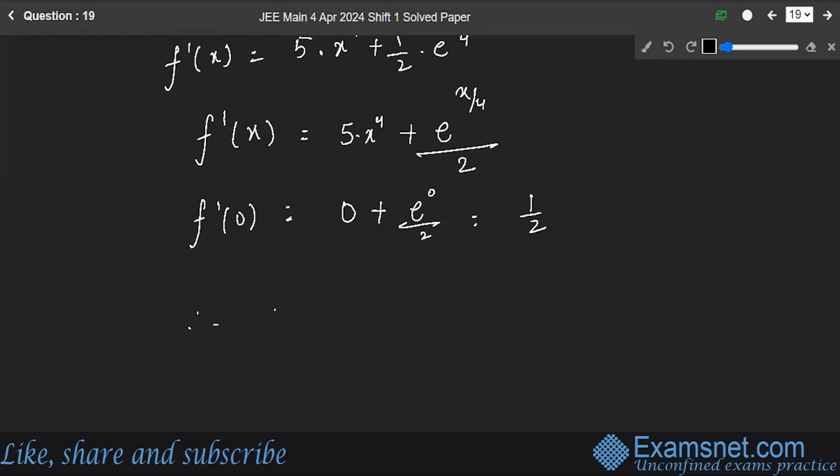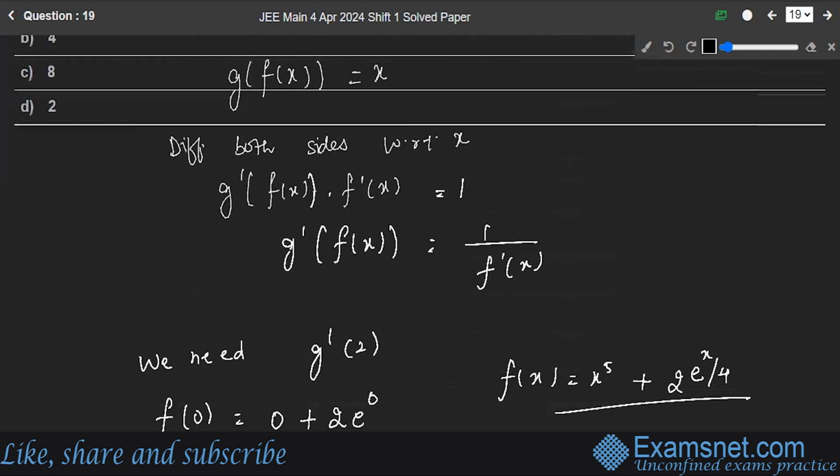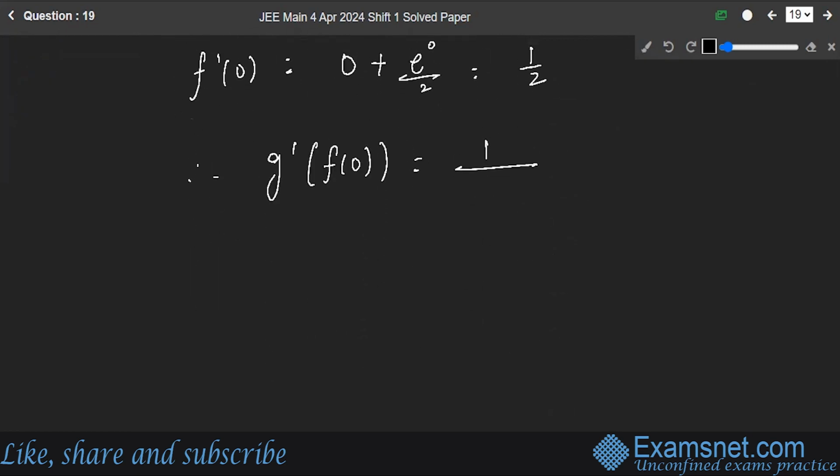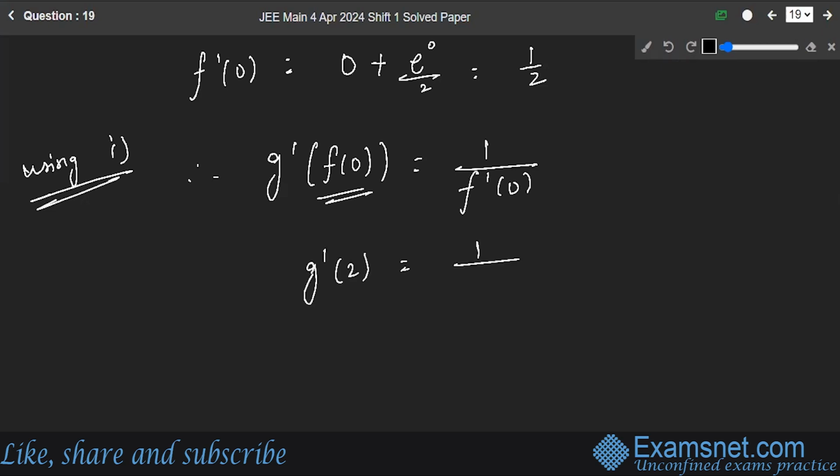So therefore, g dash of f of 0, that was equal to, see what we had from this equation, I'm using 1. g dash f of 0 is equal to 1 upon f dash of 0. And this is 2. So g dash 2 is equal to 1 upon 1 by 2, which is equal to 2 again. So I got g dash 2 is equal to 2.